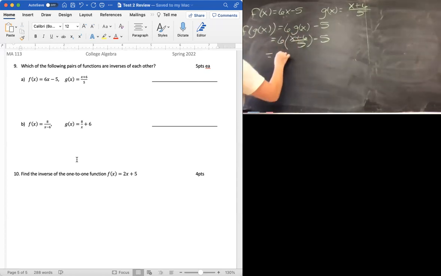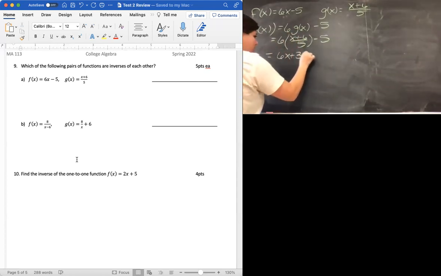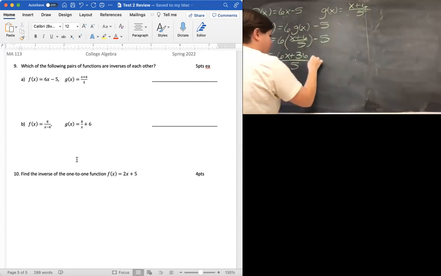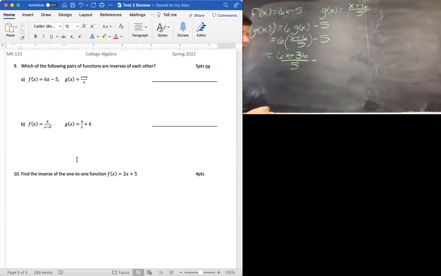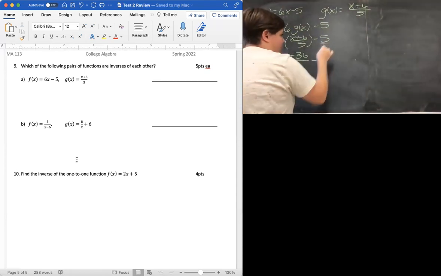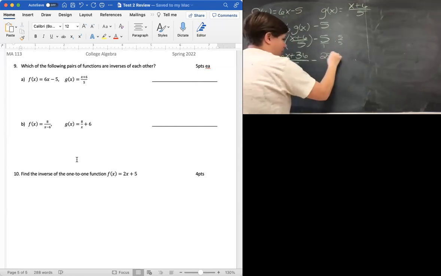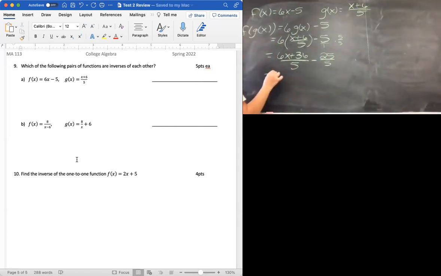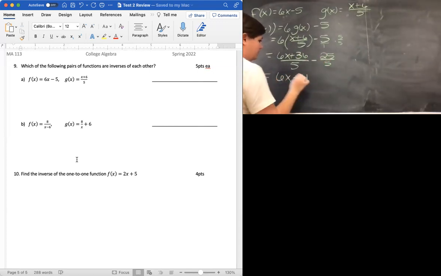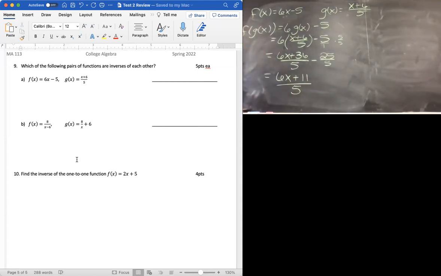Well, that's 6x plus 36 all over 5 minus, and then I'm going to go ahead and combine these. So that would be 5 over 1, so that'd be 25 over 5, which is 6x plus 36 minus 25, so 11 over 5.